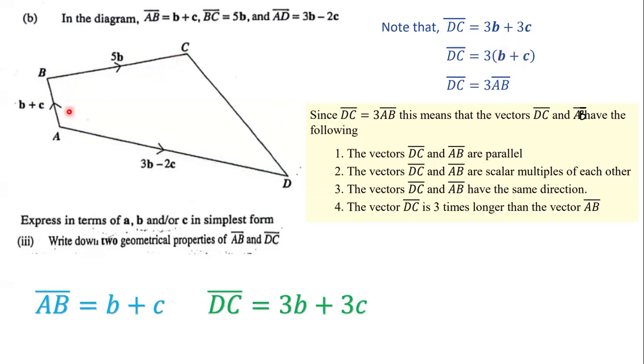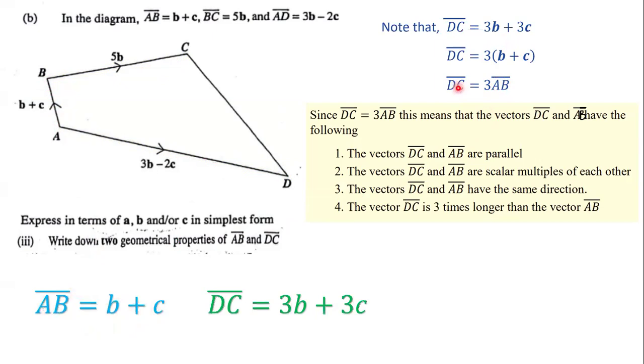B plus C is vector AB. So instead of writing B plus C, let's just write vector AB. And so we have 3 times vector AB, which means that if we take 3 and multiply it by vector AB, we get vector DC.